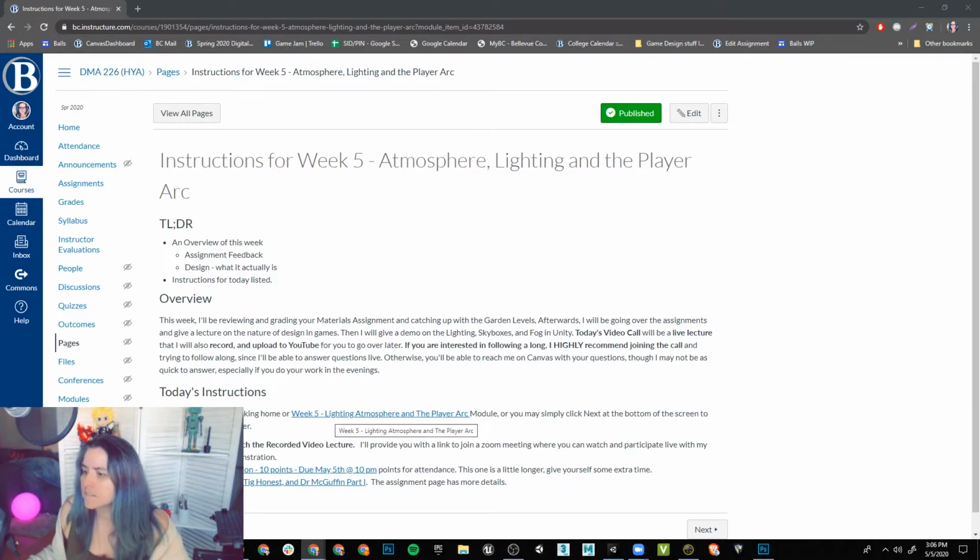And we're going to go over lighting, atmosphere, and the player arc today. Actually, it's going to be this thing you're going to do over the week. But we have a lot of ground to cover today because before today, I've basically been showing you the tool. This is the hammer, this is the nail, this is the button you push to hammer the nail, and then it makes the thing you want.